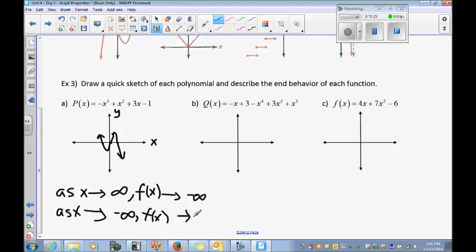So that is the end behavior of this particular polynomial. On this end, x is going towards positive infinity, y is going towards negative infinity. This way, x is going towards negative infinity, y is going towards positive infinity. So that's the end behavior of this particular polynomial.